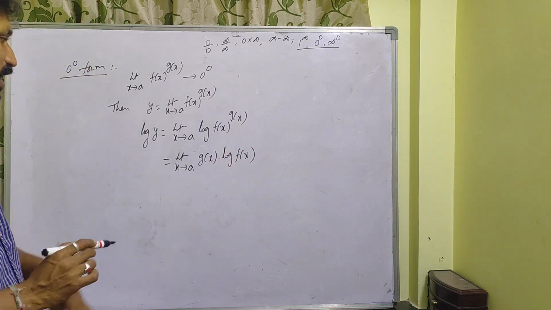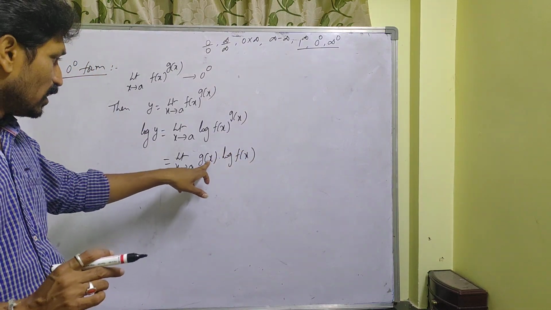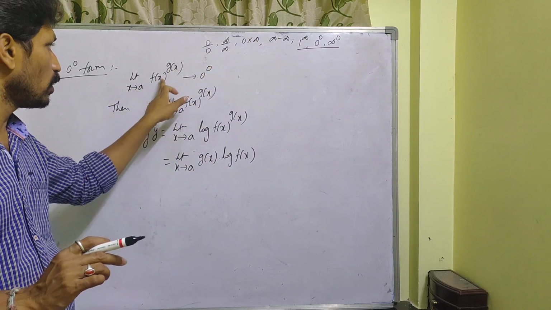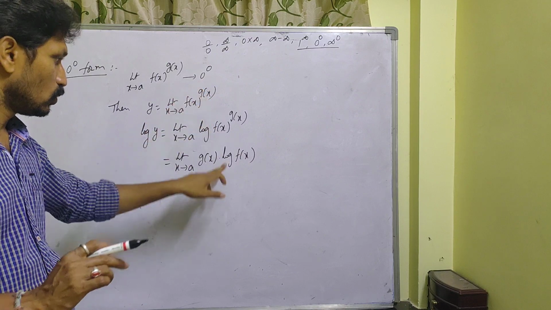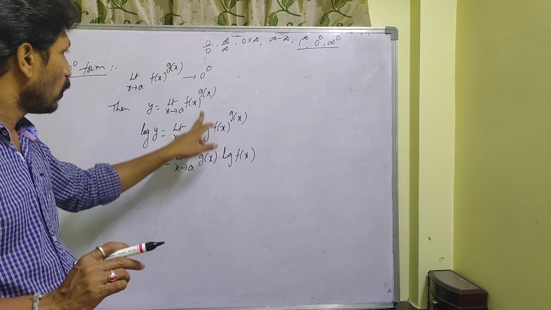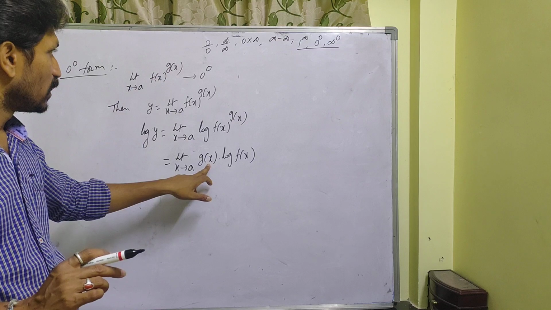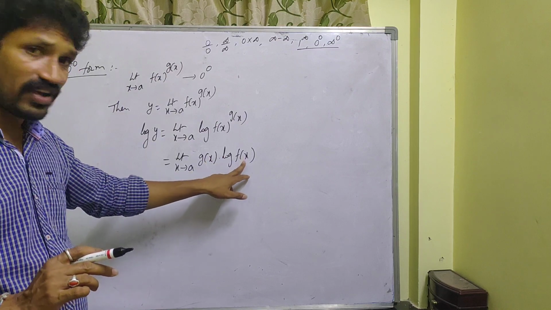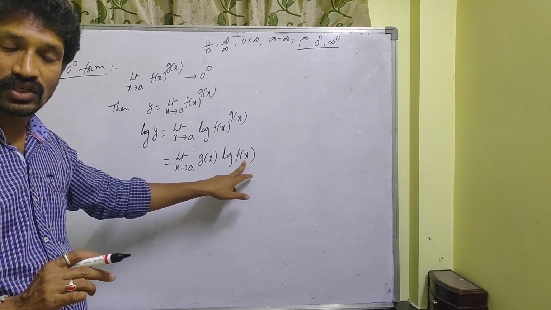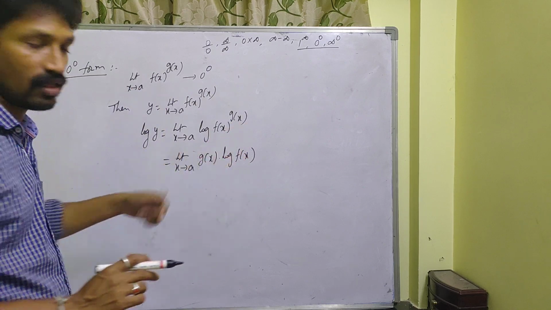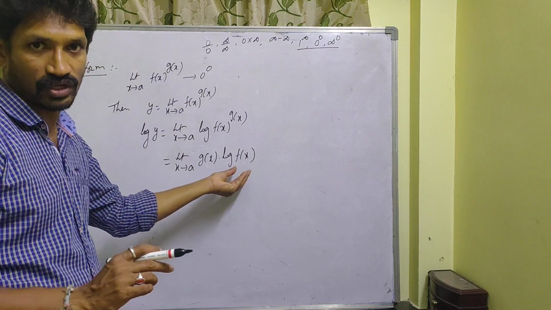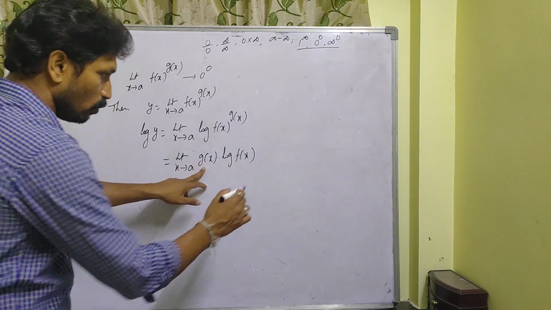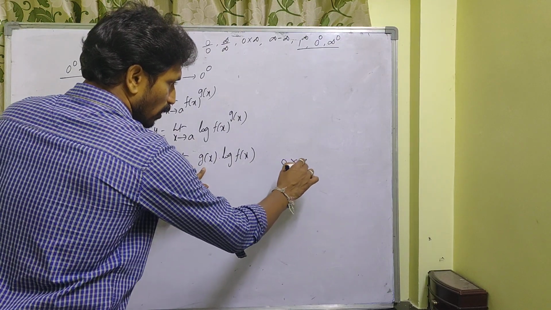You can understand here, when x tends to a, g of x tends to 0 and f of x also tends to 0. Log 0 is an indeterminate form, that means undefined. So this is converted into the form 0 into infinite.